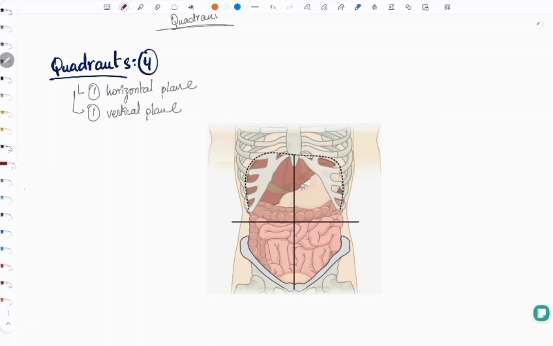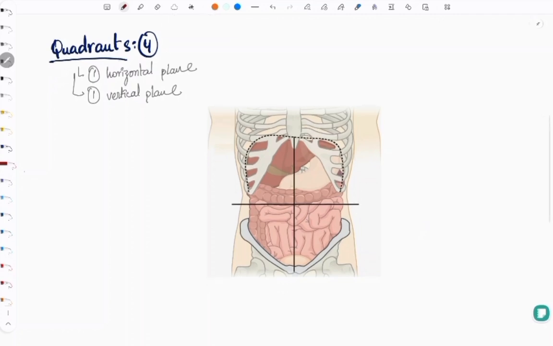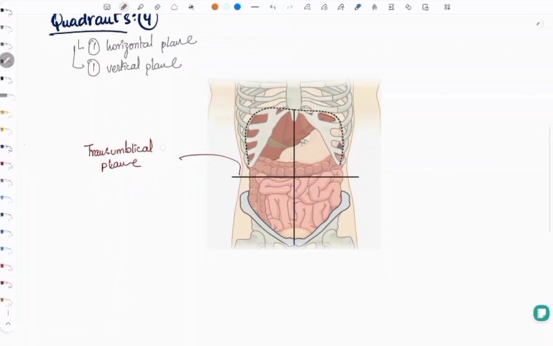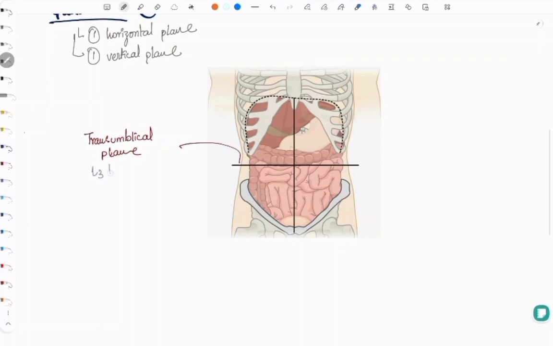The horizontal plane that divides our abdomen into 4 quadrants is the transumbilical plane, passing at the level of L3 to L4 vertebra.